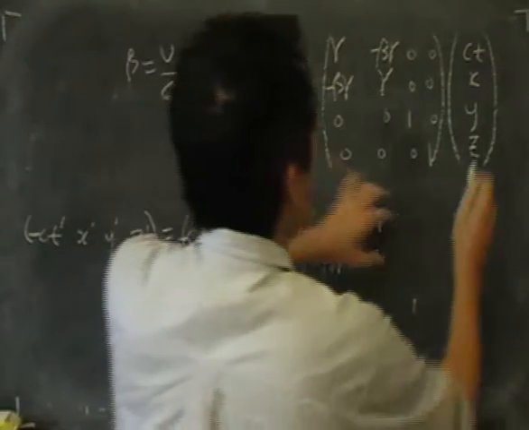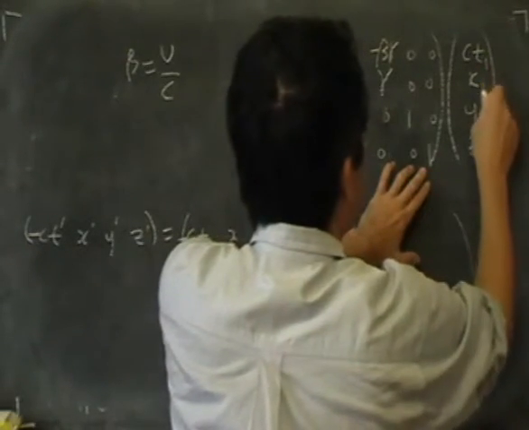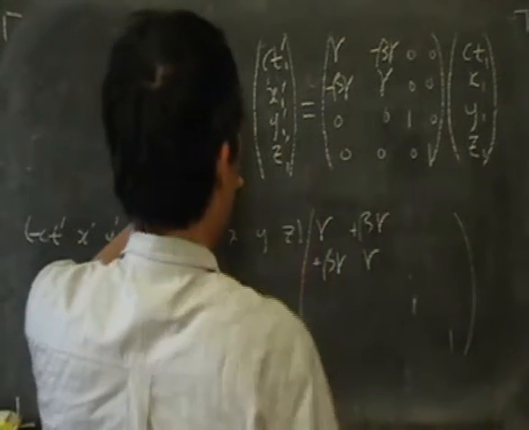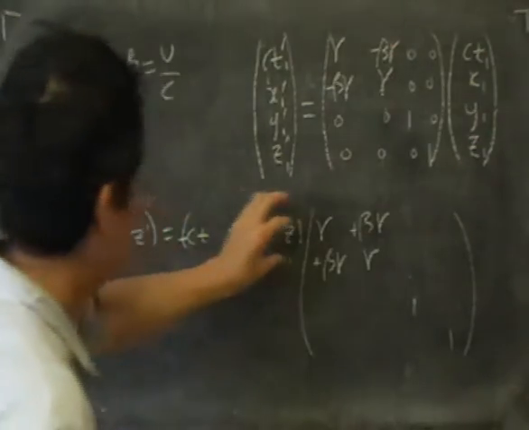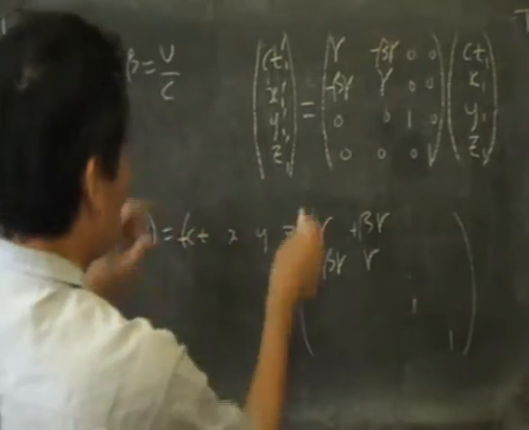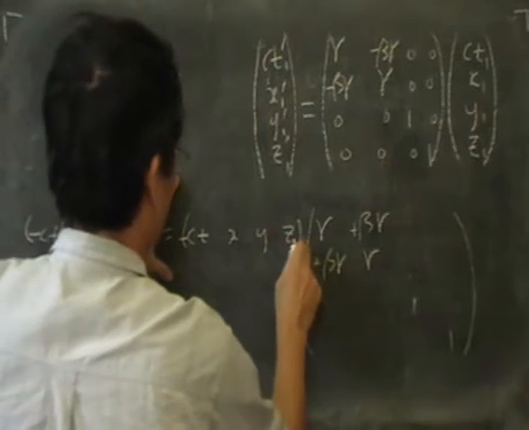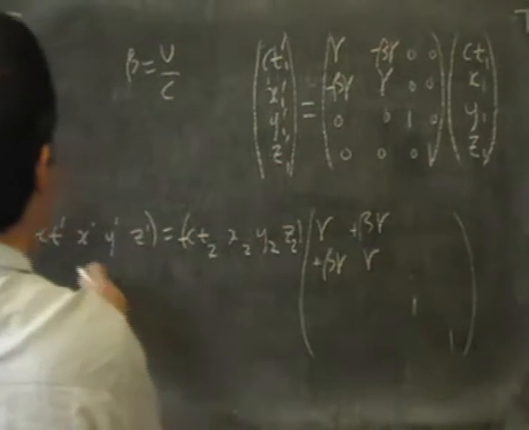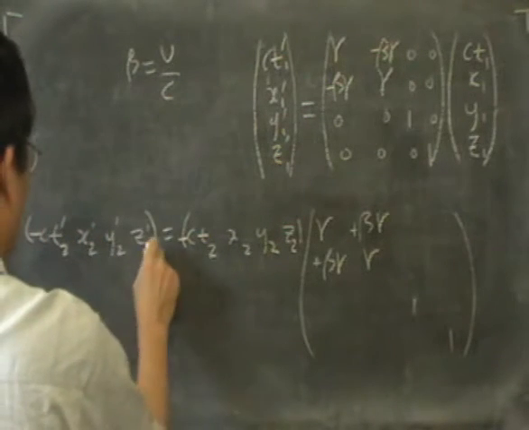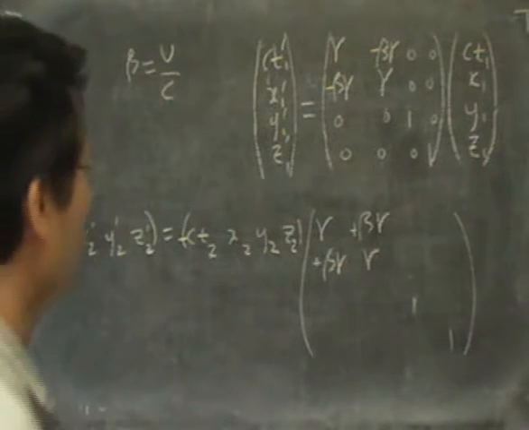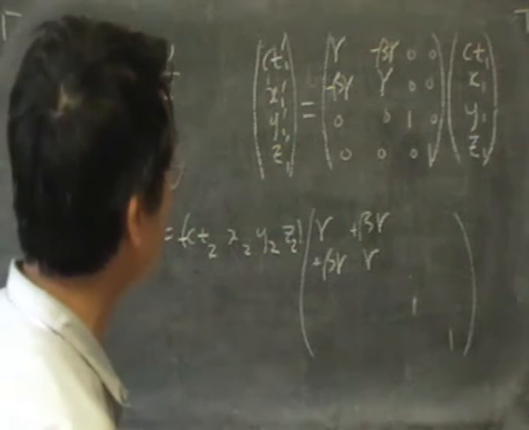So let me rename this as x1, y1, z1 and t1, and think of those as a different coordinate in the corresponding frame: x2, y2, z2, t2, and likewise for the prime coordinates. So it's still true, just different values of the coordinates.